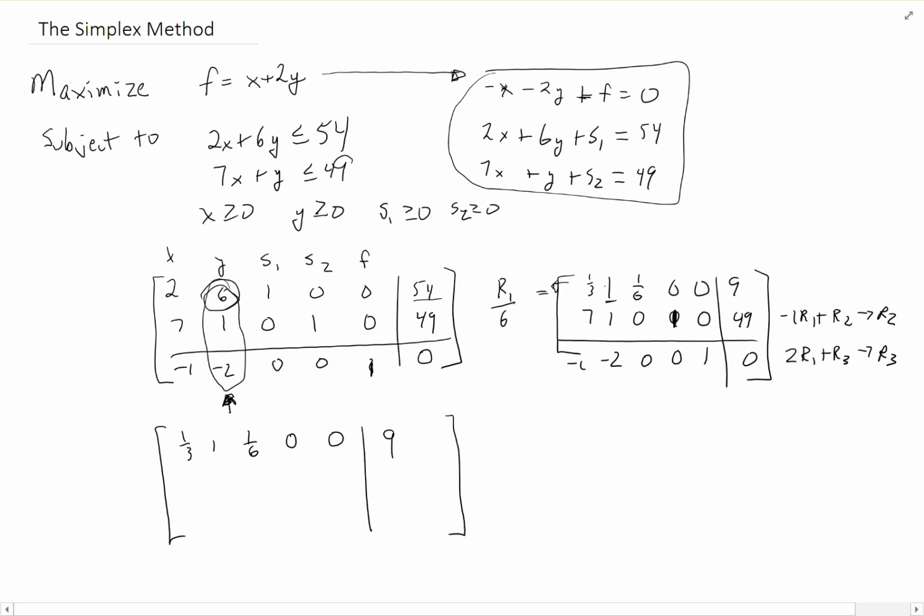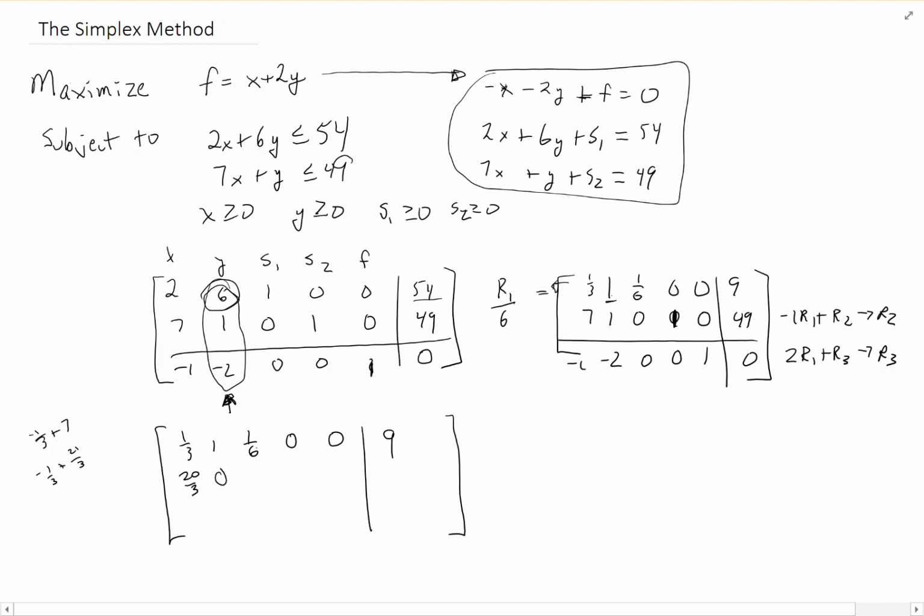If I do negative 1 times row 1 plus row 2, I'm going to have negative 1/3 plus 7. 7 is the same as 21 over 3. So negative 1/3 plus 21/3 gives us 20 over 3. Negative 1 times 1 plus the 1 gives us 0.